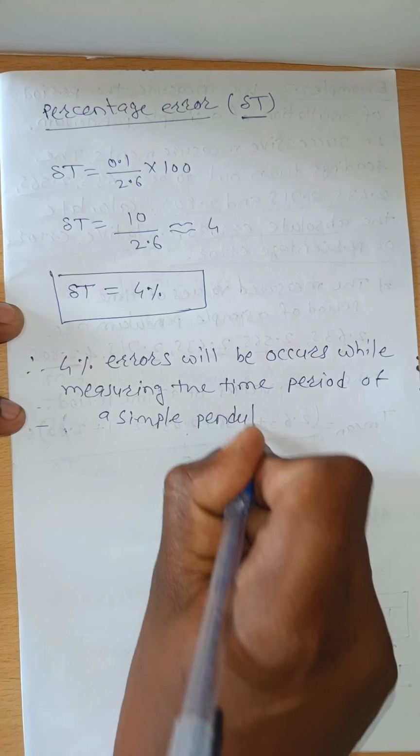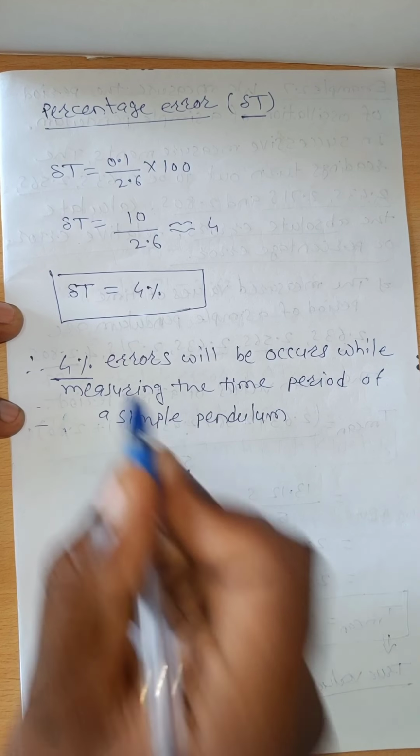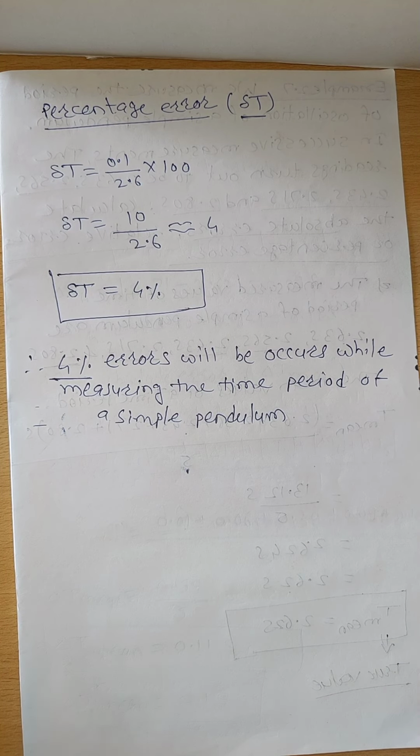It means either a 4% lesser time period may be found, or a 4% greater time period will be found. So on average, the percentage error in measuring the time period is 4%. That means a 4% error will occur while doing this experiment.